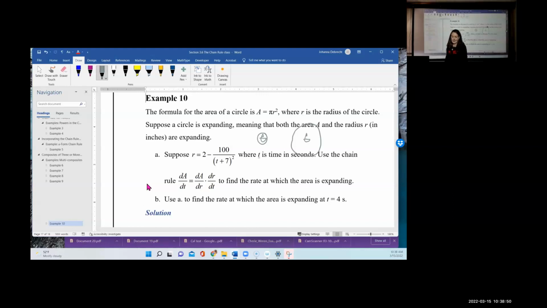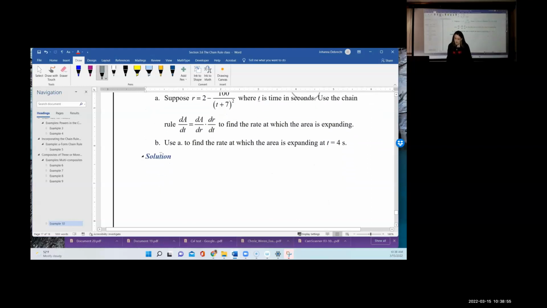Okay. So when we're looking at this one, we have pi r squared, which is our area, which is pi times 2 minus 100 over t plus 7 quantity squared.